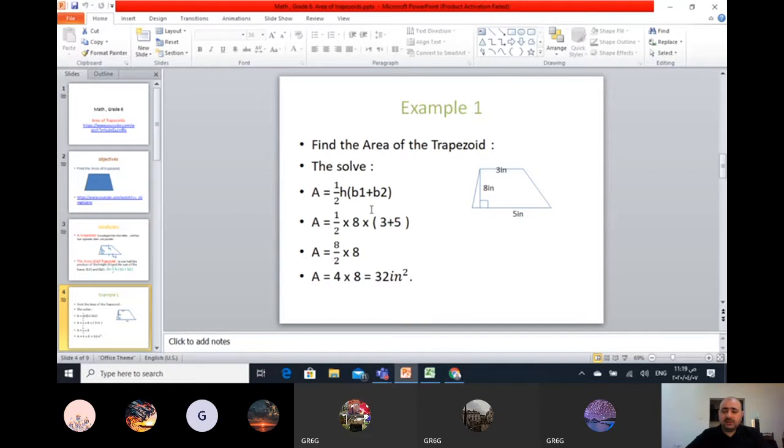Then substitute, put the value of the variables. So I want to find the area A equal 1 over 2 multiplied by the value of the H will be 8. So put here 8 multiplied by parentheses. The value of B1 will be 3. Put here 3. Then the value of the B2 will be 5. So put here 5.